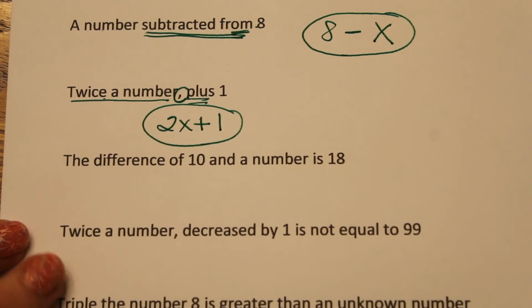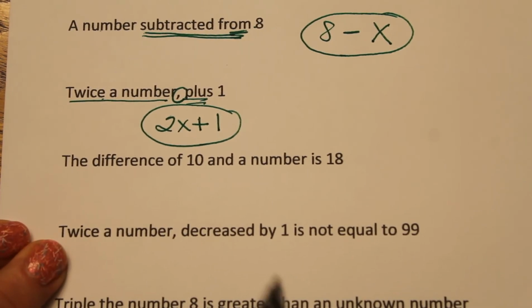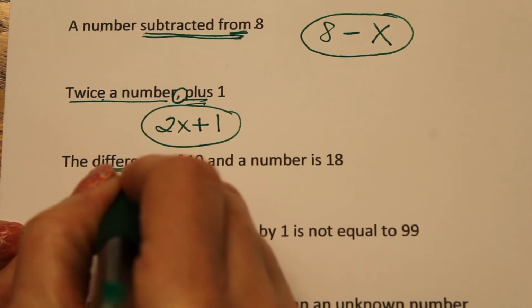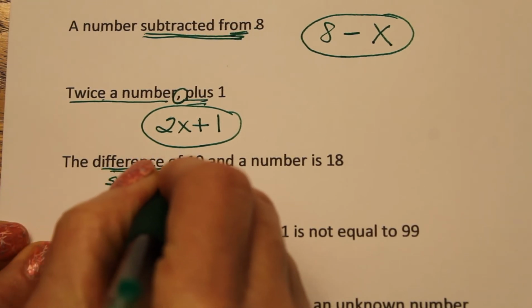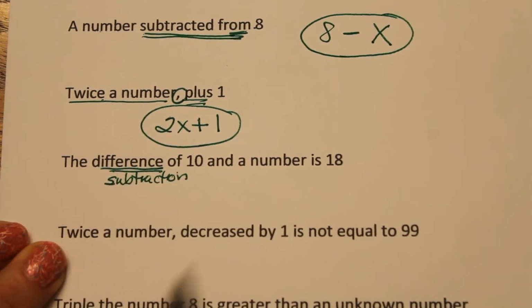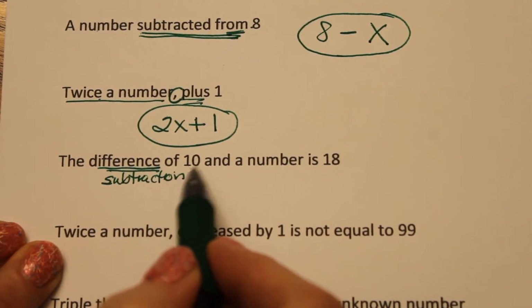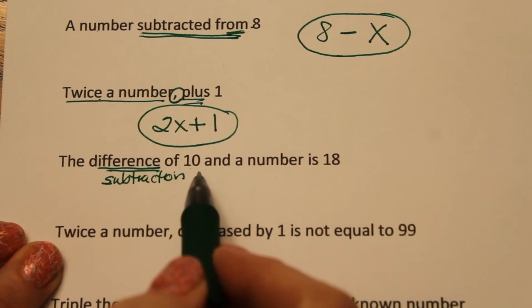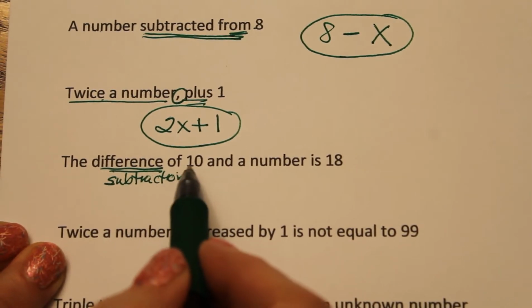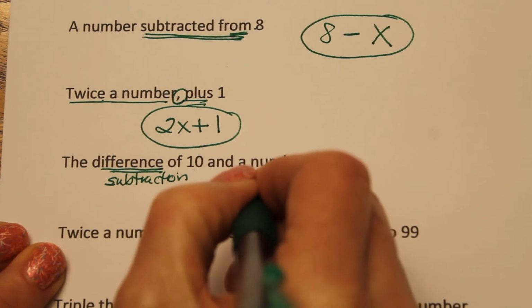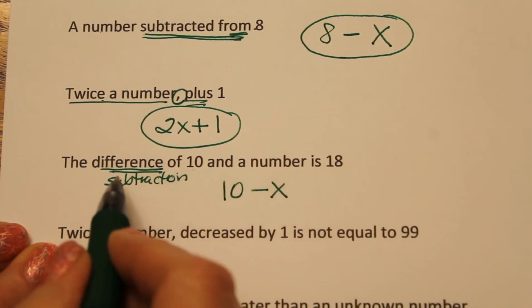Okay, here we have the difference. Difference tells me that's going to be subtraction. So the difference of, or the subtraction of 10 and a number. Since we're not saying subtracted from, we are going to write the numbers in the order they are given in the statement.